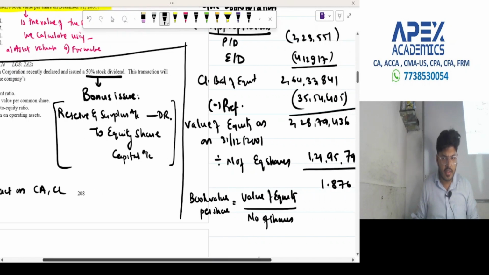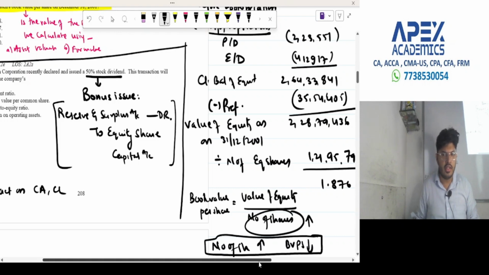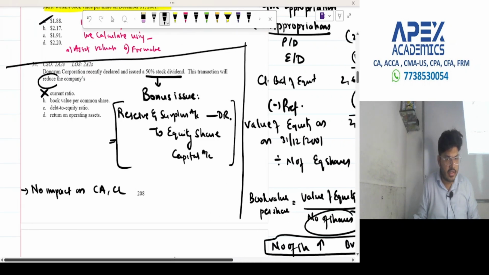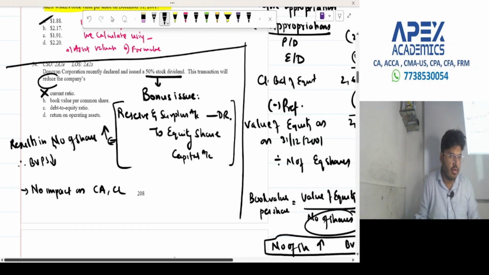So my dear friends, if number of shares is to increase, then automatically book value per share is going to decrease, right? Over here, this results in number of shares increasing. Therefore, book value per share will automatically go down. Agreed or disagreed? So what is your answer? Your answer is option B.